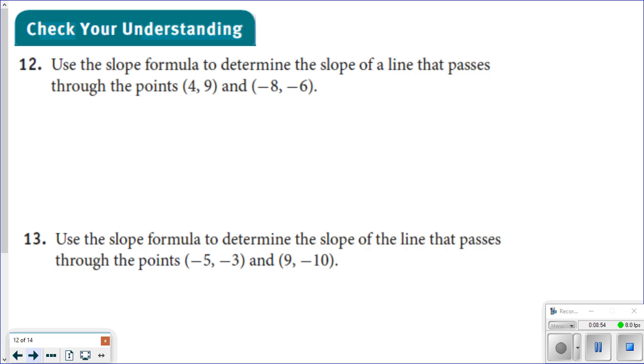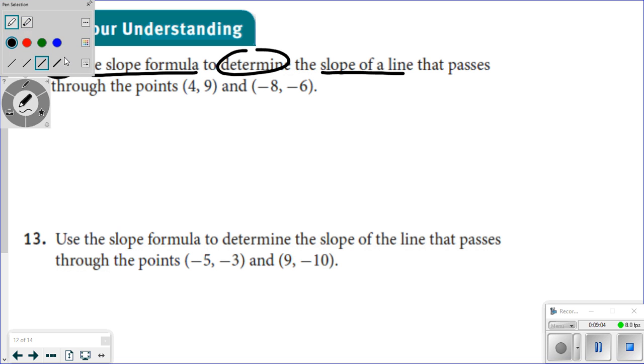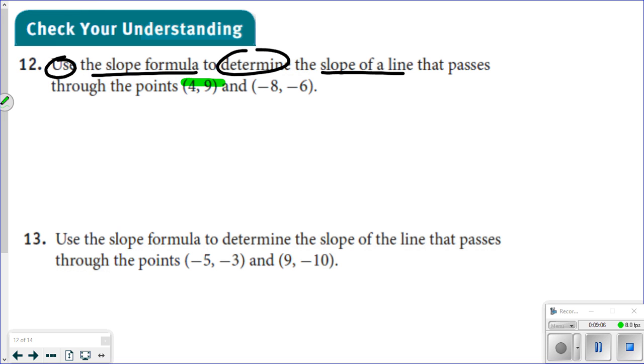Okay, I'm going to help you with question 12. It says use the slope formula to determine the slope of a line that passes through these 2 points: (4, 9) and (-8, -6). If you would like to, right underneath those points or in the My Notes section of your book, let's label these together.